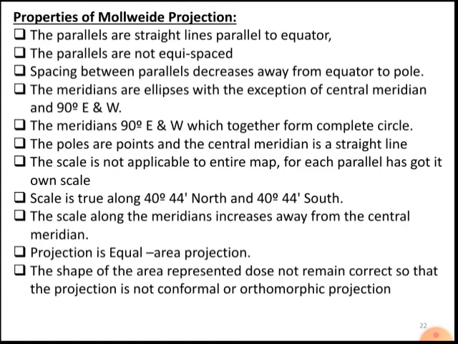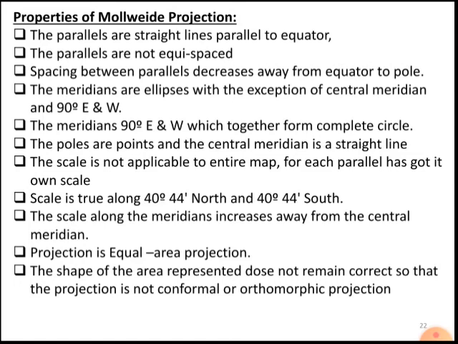The second is that the meridians are ellipses, with the exception of the central meridian and the 90-degree east and west meridians, because the 90-degree east and west is part of a circle, whereas the central meridian is a straight line, but all the other meridians are ellipses.